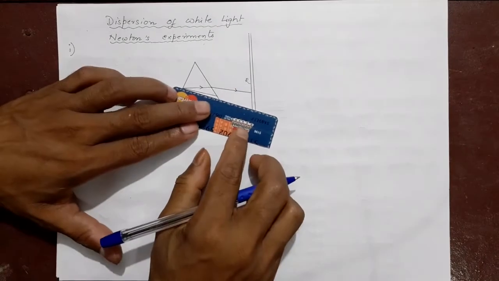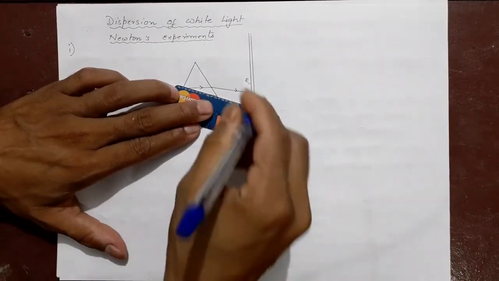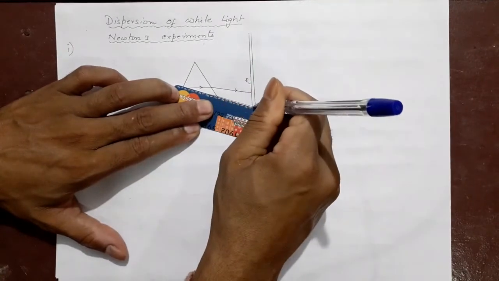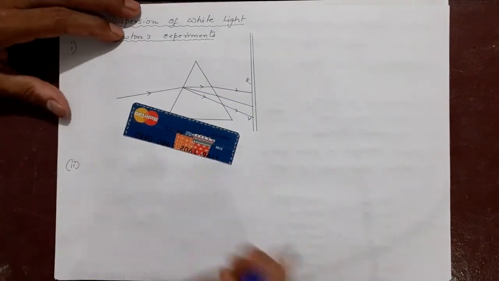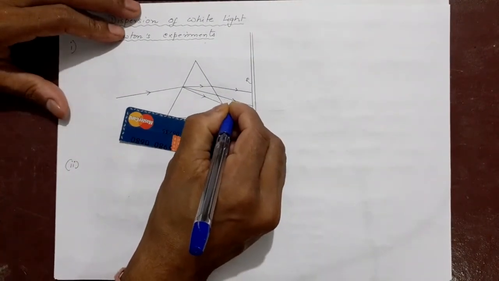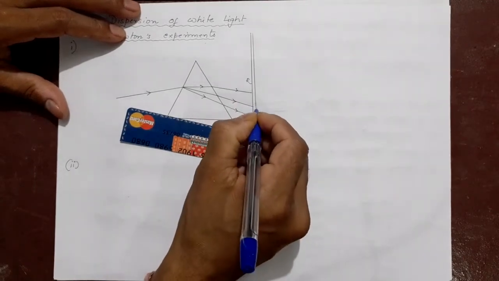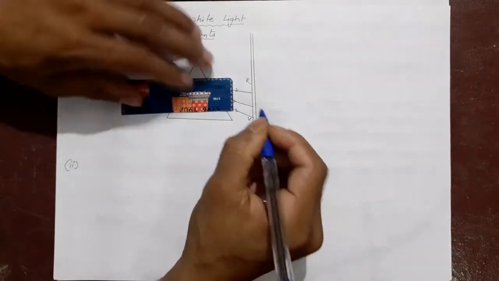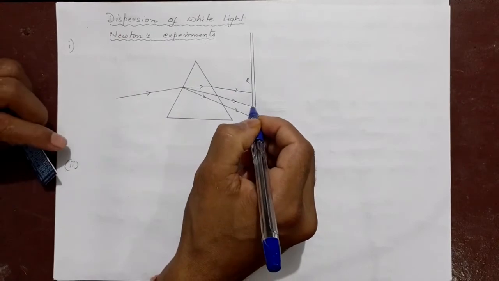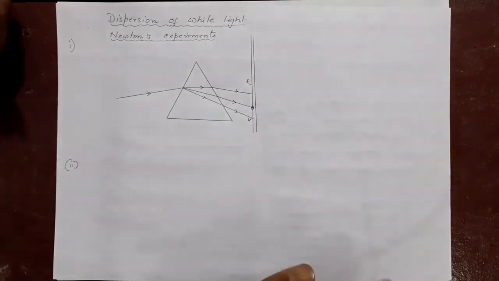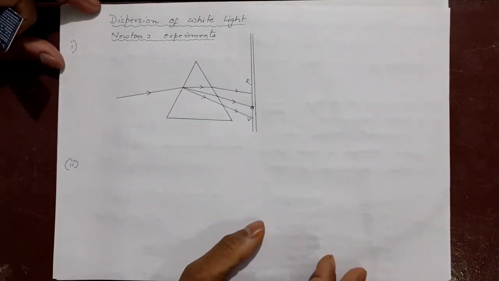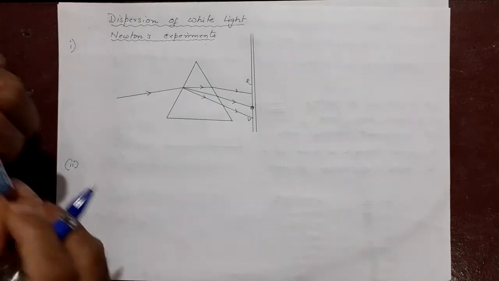Okay, and this is the middle one, yellow. There are other also, green, indigo, all are also there, but that is not important in this experiment. So what he did is he made a hole here, this side is all covered, here a small hole he made, and he allowed only the yellow color to come out.